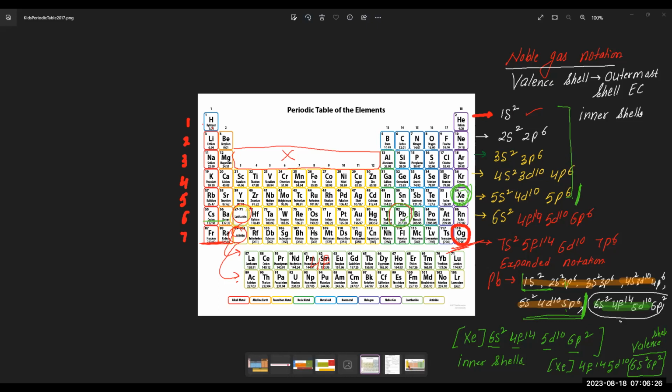Yeah, because there are some anomalous energy orders because of these shapes. Yeah, so xenon, this is the noble gas configuration, xenon. This one, Arjun?